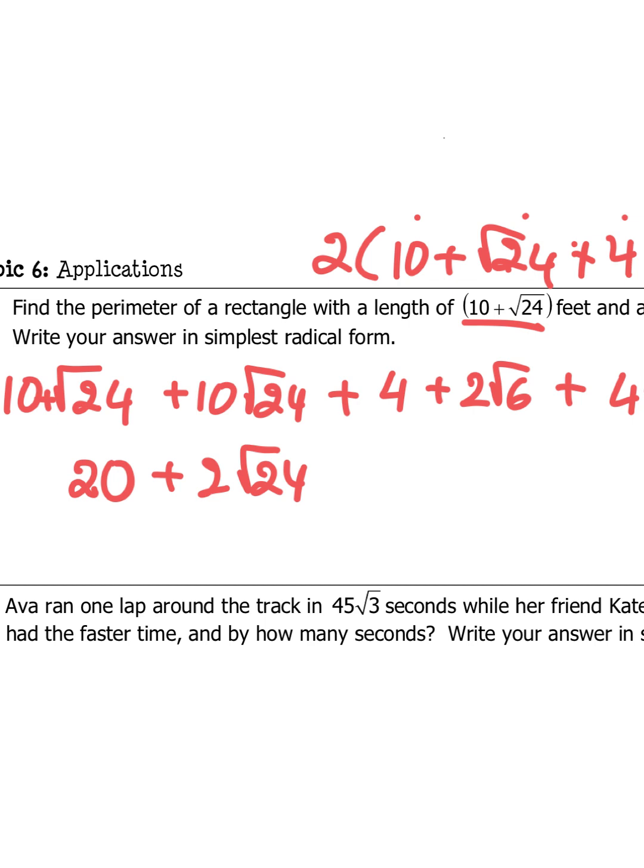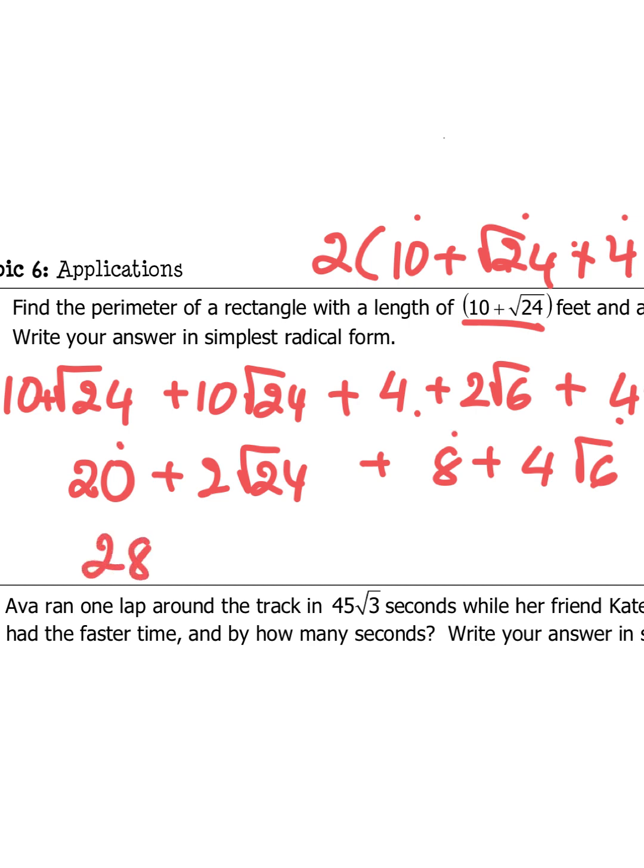Okay? And then this one will be 8, 4 and 4 is 8. And then 2 square root 6 and 2 square root 6 will be 4 square root 6. Okay, I have 20 and 8 will be 28.